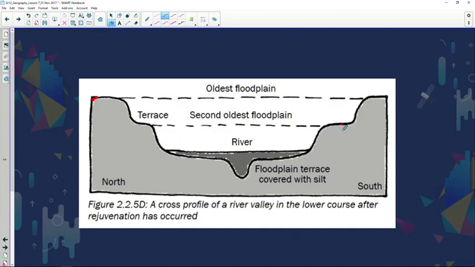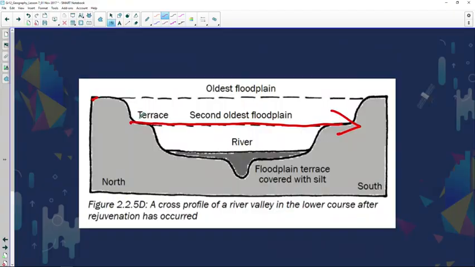And then just before that, this was the second oldest floodplain. But with rejuvenation, there was an increase of water, an increase in the velocity of water, and erosion capabilities. What happens? The river eroded even further laterally and vertically, creating these step terraces for the floodplain.